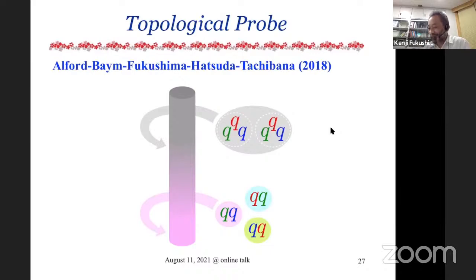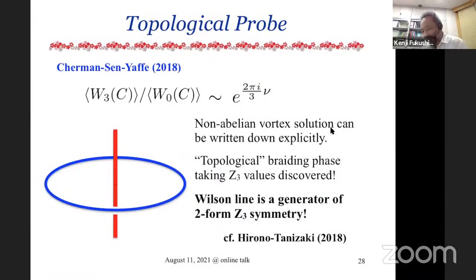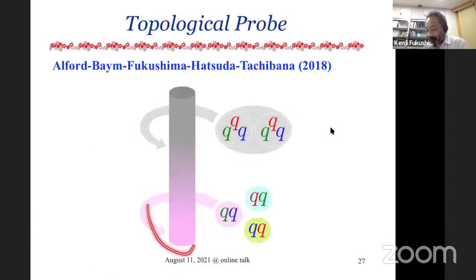However, immediately after our paper, Cherman, Sen, and Yaffe wrote a very interesting but confusing paper. They found that, in the presence of the vortex, they calculated the Wilson line expectation value. Around this vortex inside of the quark matter, everything is perturbative because the density is high enough. So you can write down the gauge potential, and then write down the Wilson line expectation value perturbatively.